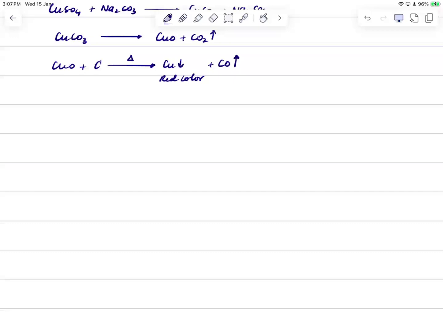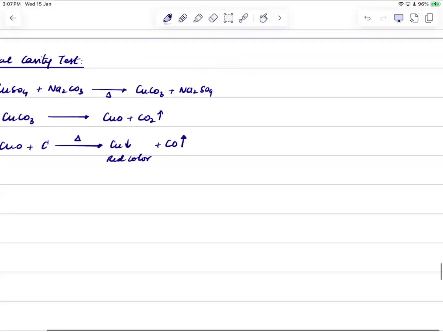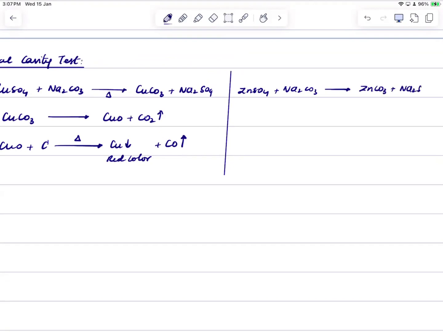In the same way, zinc can also be observed. Clear? ZnSO4 plus Na2CO3 will become ZnCO3 plus Na2SO4, and ZnCO3 on heating will give you ZnO plus CO2. Now ZnO has two properties here.